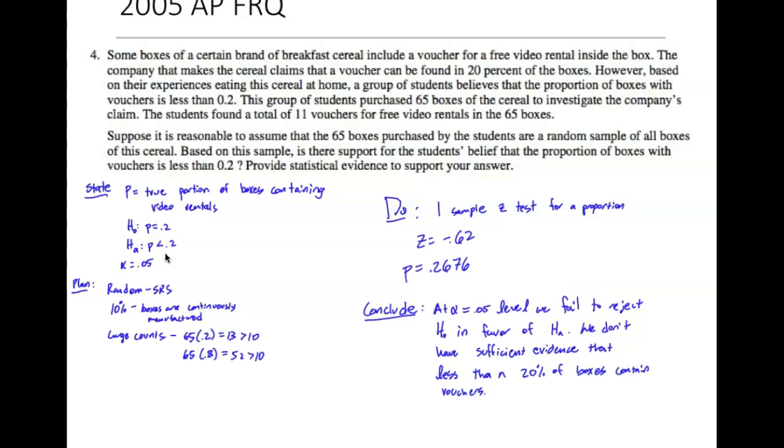So our p-hat value, although it does support the alternative, the effect size isn't large enough to say, hey, our p-hat is lower than the p-naught value, therefore I think the p-naught value is not correct. Does that make sense? So we could have just gotten this sample randomly and the null hypothesis is still true, right?